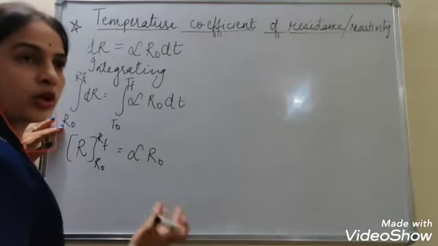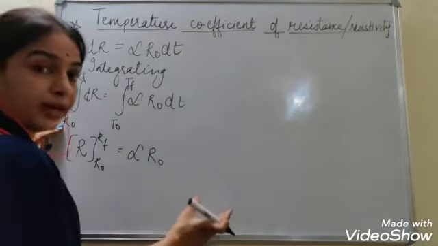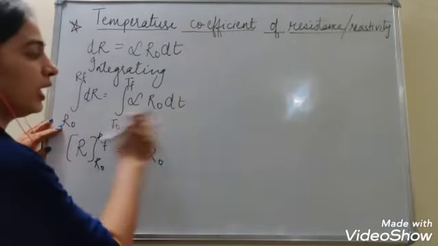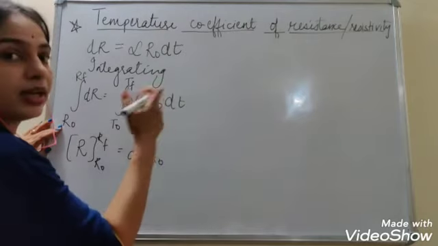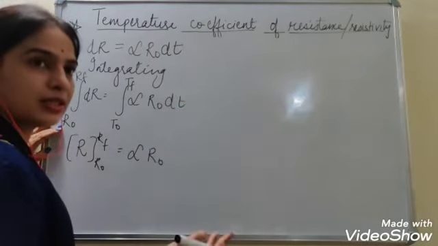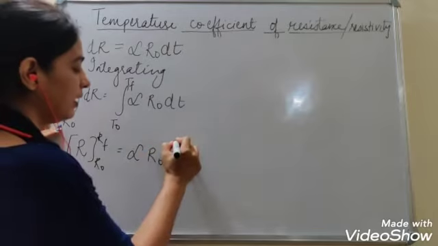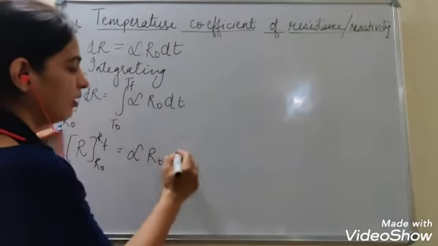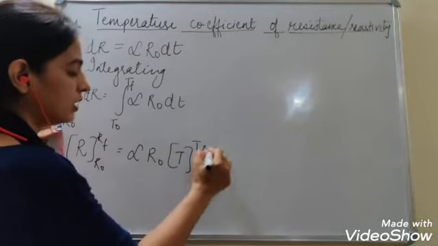If you come across any question where alpha is given as dependent on temperature, then you will have to integrate alpha also, and its relation with temperature will be given. So the integration of dT will be T, that is from T naught to T final.